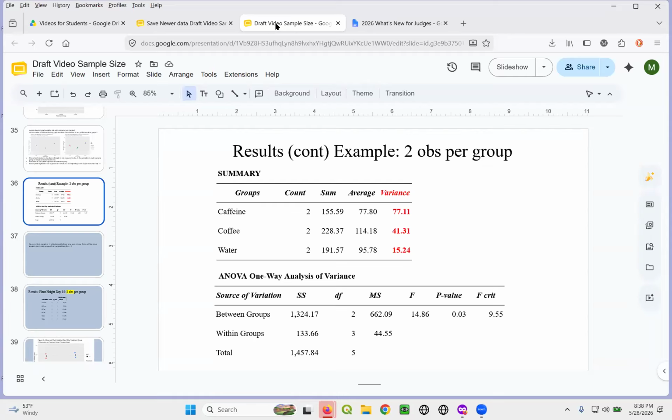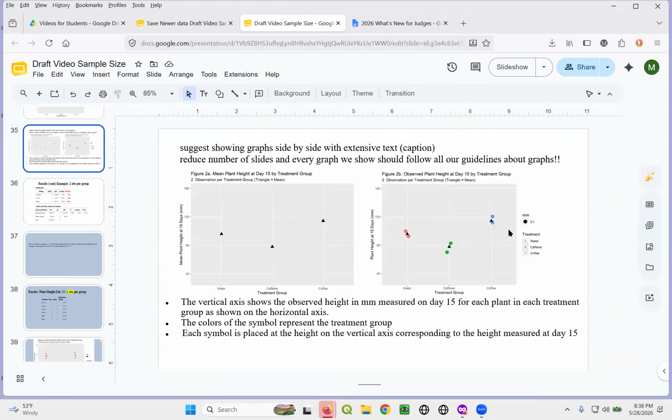So I probably have the graph in the top left quadrant, the summary over here, and this down below. It's not really divided into fours, but these would all still be together.